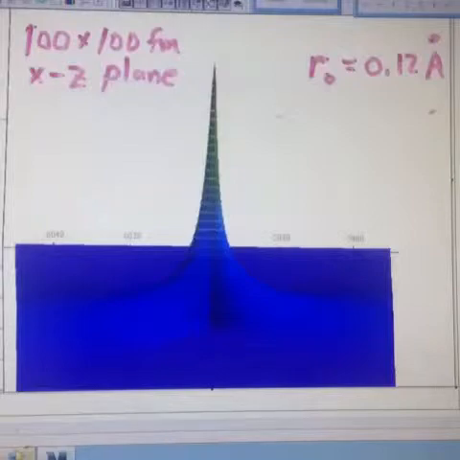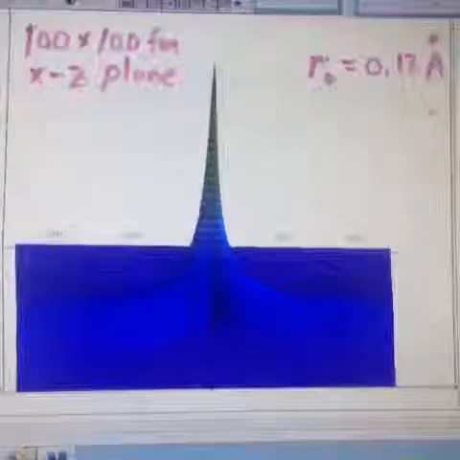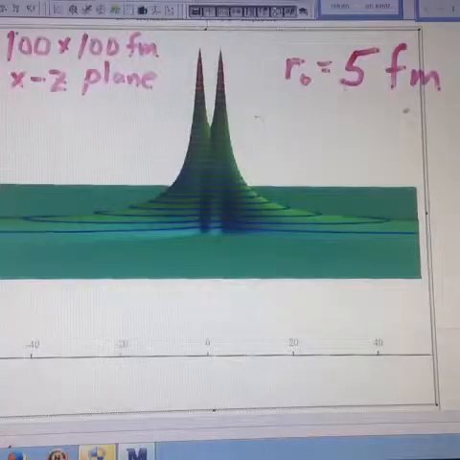The next slide shows the same distribution from a top view. We can then easily plot the electron probability in the xz plane as the two deuterons approach to a reaction range of 5 Fermi.